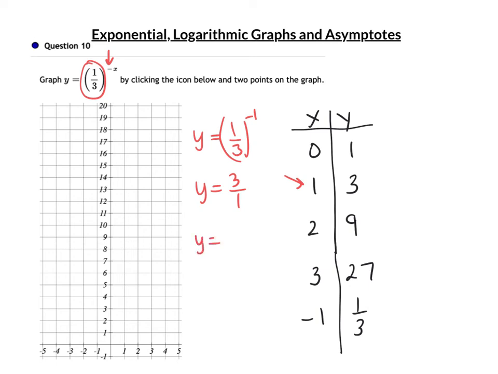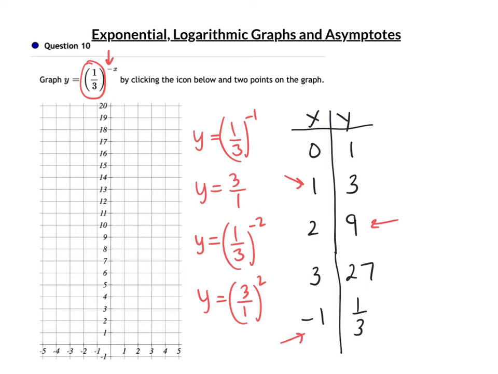When we plug in 2, it becomes y equal 1/3 to the negative second, which is y equal 3 over 1 to the second, which is really just 3 squared, or 9. And when I plug in 3, it becomes 3 over 1 cubed, which is 27.